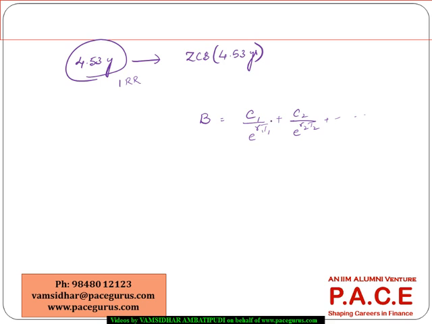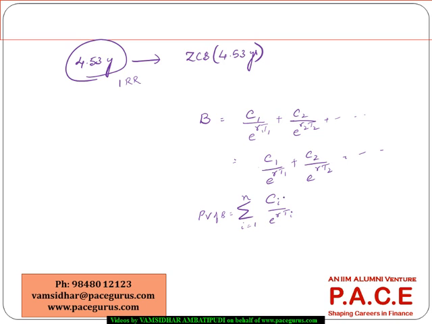Even if I am going with one single interest rate, then it is C1 e to the power of RT1, C2 e to the power of RT2, and so on. So it comes out as the summation, let's say I equal to 1 to n, of Ci divided by e to the power of RTi. Whatever is the principal amount, the coupons as well as principal, I am taking as different cash flows. So the present value of the bond comes out to something like this.